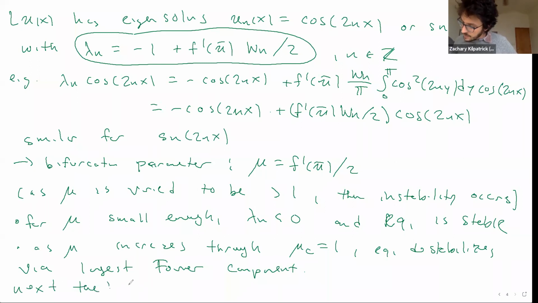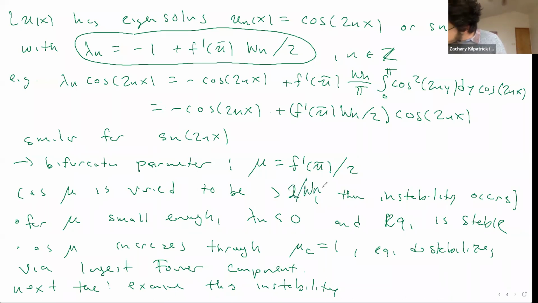We will examine this instability. The idea is that for whatever Fourier component is largest here, I guess in this case mu should be greater than 1 over Wn max, then we get this instability essentially.